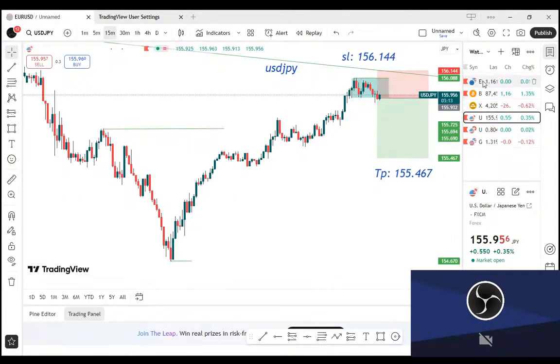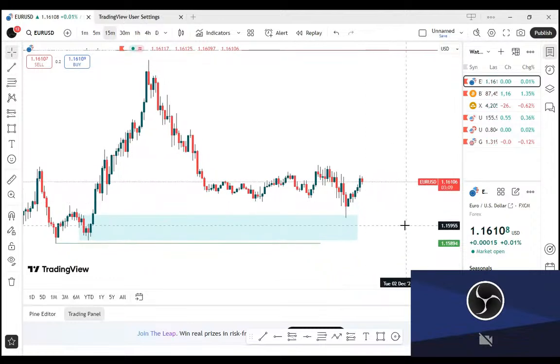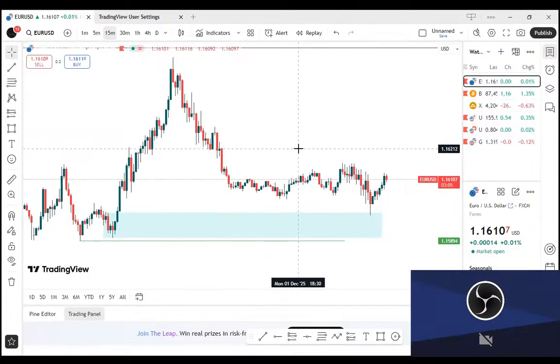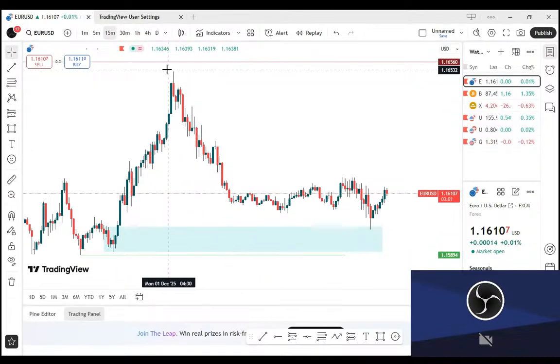And then let's check on EURUSD. EURUSD is currently making a bullish move after tapping into my key zone, and from here it started selling. This is when I made the video that EURUSD is going to drop from this particular zone.